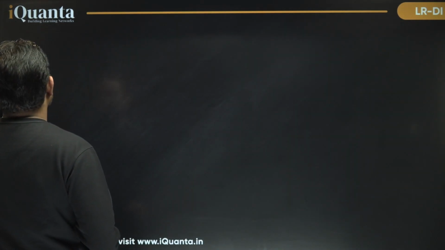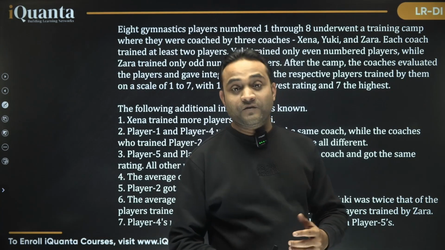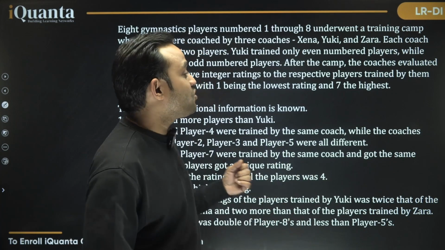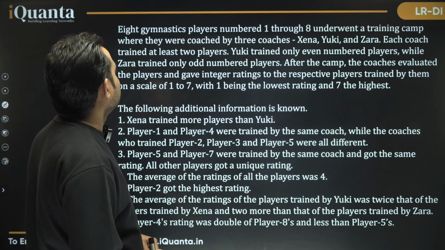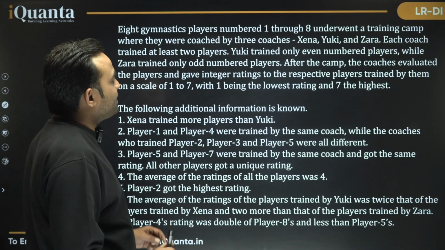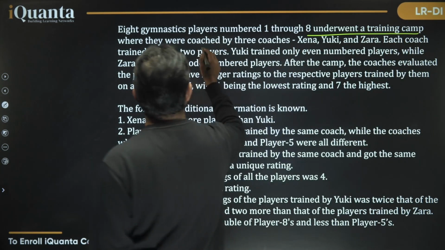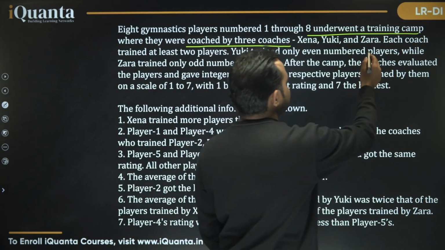Now the next set is another very interesting set based on quant. So you can say quant based reasoning, LR set eventually. It says 8 gymnastics players numbered 1 through 8 underwent a training camp where they were coached by 3 coaches, Zena, Yuki and Zara.